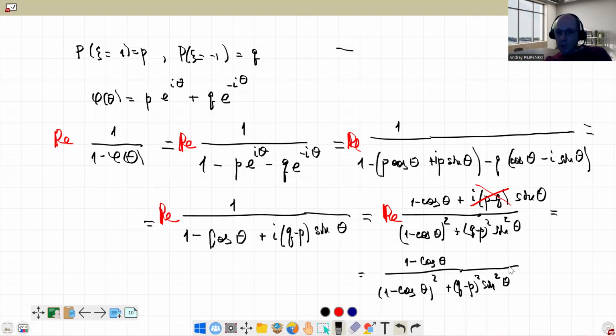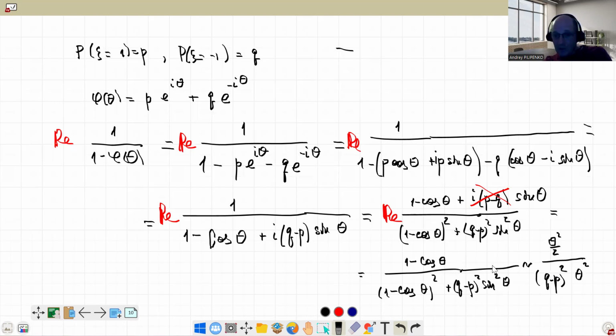And what is the asymptotic of the numerator and denominator if theta goes to 0? We know that the asymptotic of the numerator is theta squared over 2. The asymptotic of this is theta to the power 4 divided by 4. And the asymptotic of this is theta squared, because sine of theta is equivalent to theta.